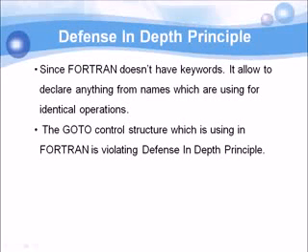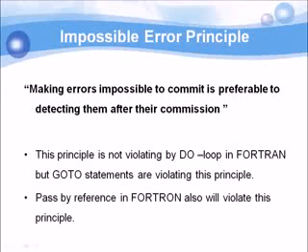Now we are going to talk about the impossible error principle. The definition of the impossible error principle is: making errors impossible to commit is preferable to detecting them after their commission.